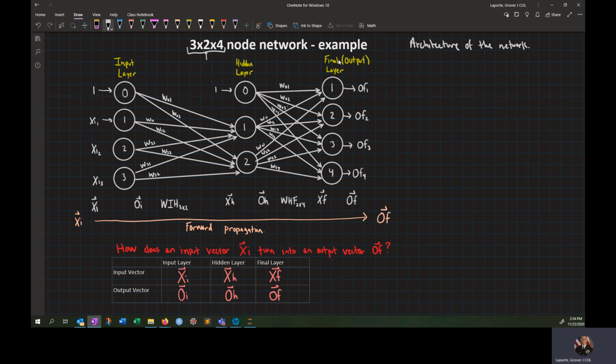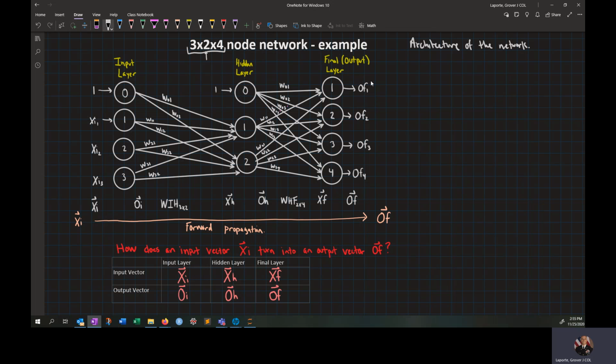Real quick, most of the time in the literature you'll see this called the output layer. I did not want to label it that because I have output vectors and input vectors, and I didn't want an input vector to an input layer and an output vector to an output layer. I just wanted to separate that. I probably should have renamed this as well.